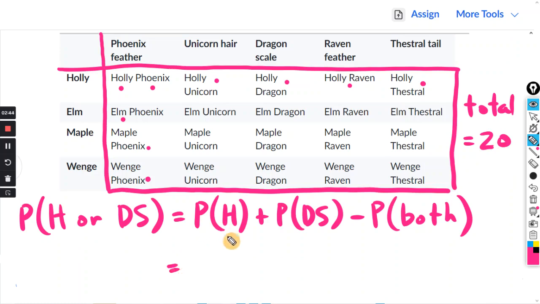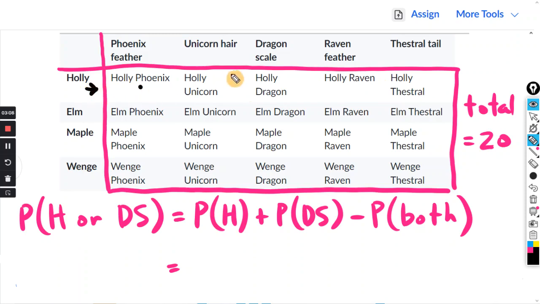Let's find the probability of holly. Let's count how many of them have holly. I'll do it in a different color. H was holly, right? So probability of holly, this is the row right here for holly.